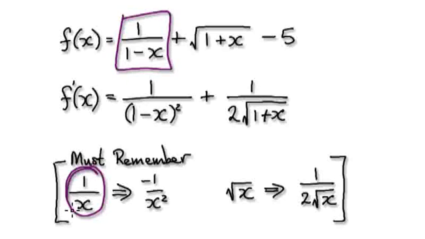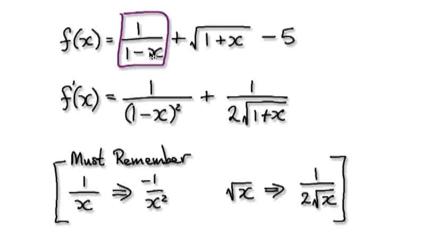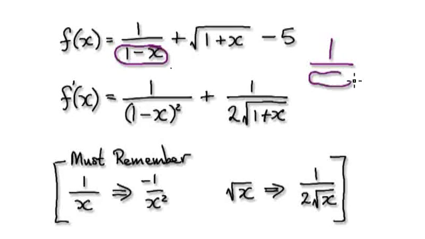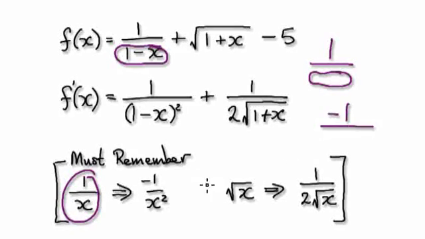memorize this. When you want to differentiate 1 over x, it will give you this. So when you come to differentiate this here, visualize it as this thing here. So it's 1 over the bubble here. So when you want to differentiate 1 over something, it becomes minus 1 over the bubble squared. Well, the bubble is (1 minus x) squared here.